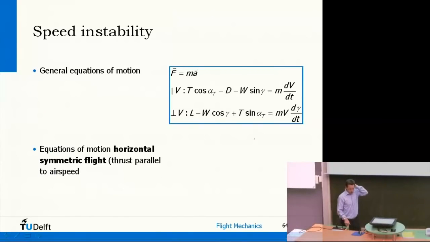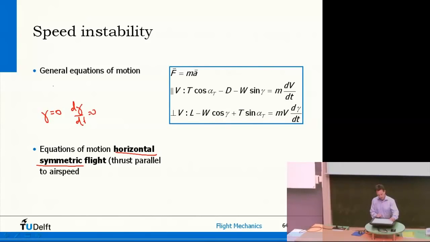Now, the equations of motion, of course you know them, but we're talking about horizontal symmetric flight. And now, since I'm talking about stability, maybe the airspeed is not constant. So horizontal just means the flight path angle is 0 and constant.